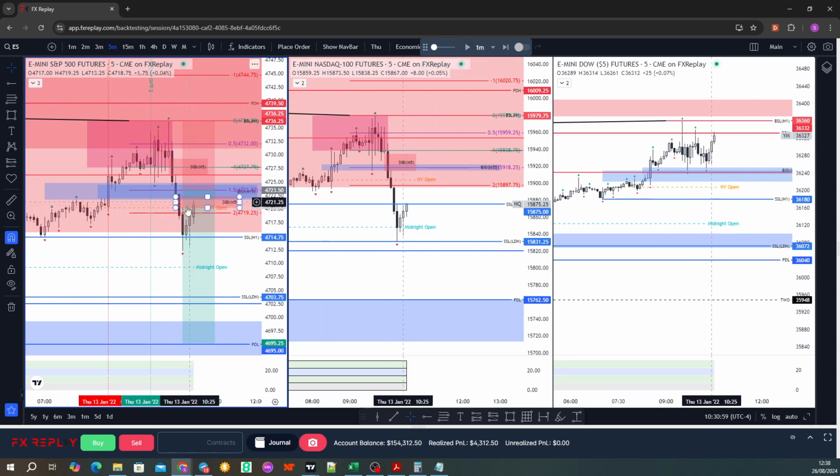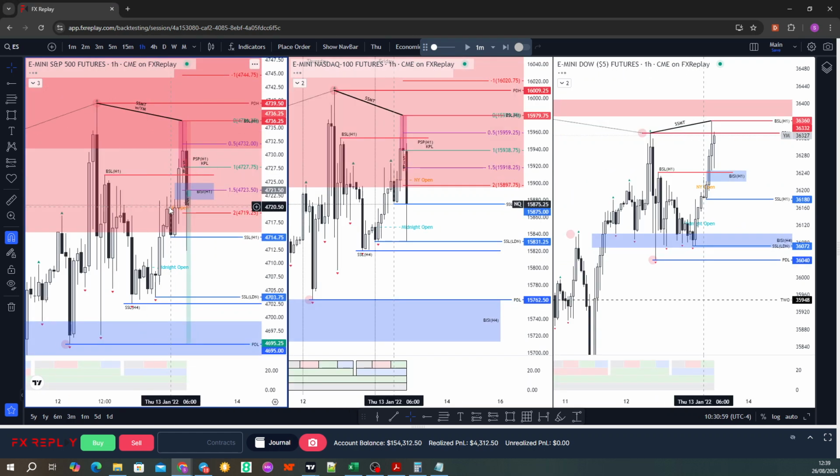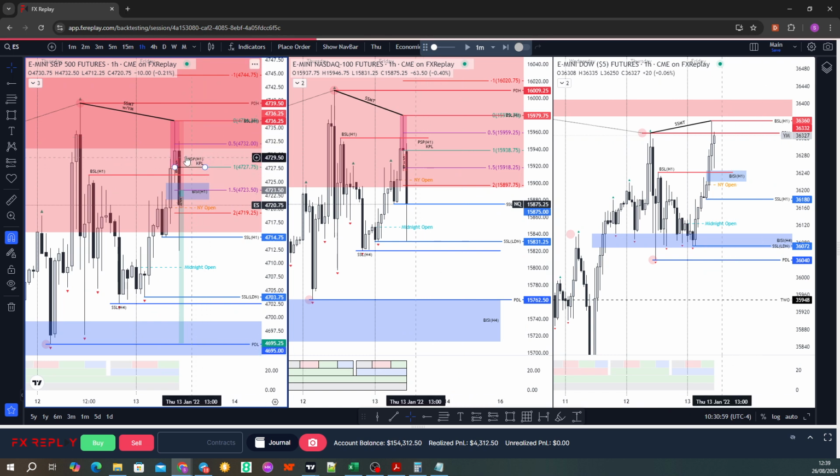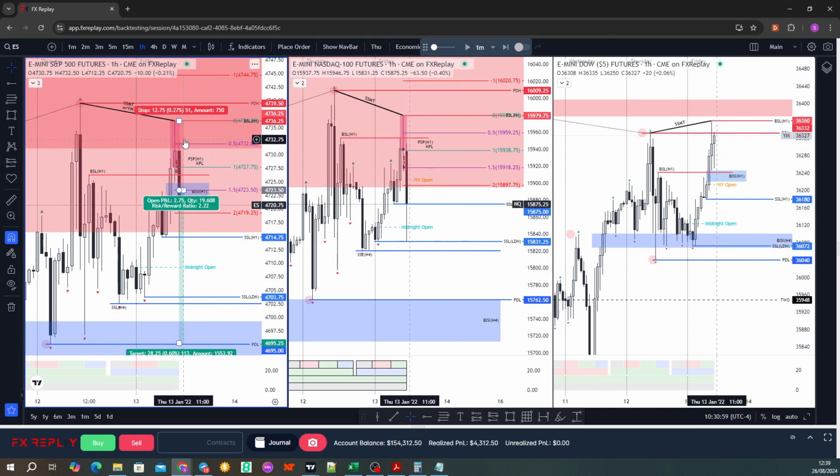But I'm going to be monitoring this, because if we see a breakdown from this, as long as my stop loss is positioned in the right place, you know, I mean, it is looking as though the SL there.